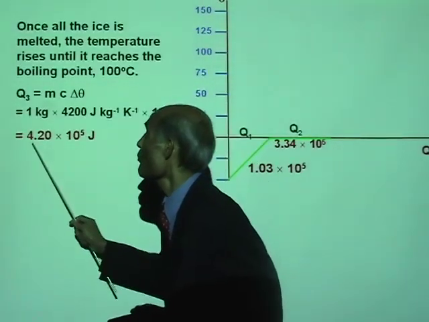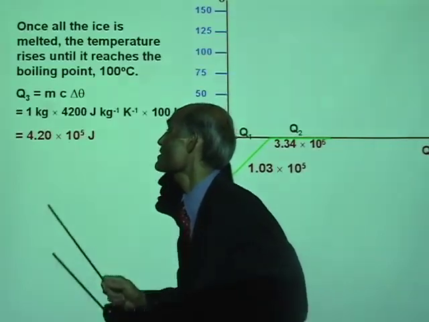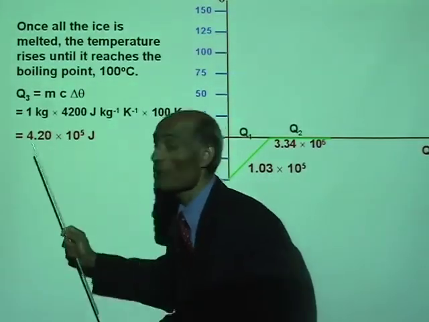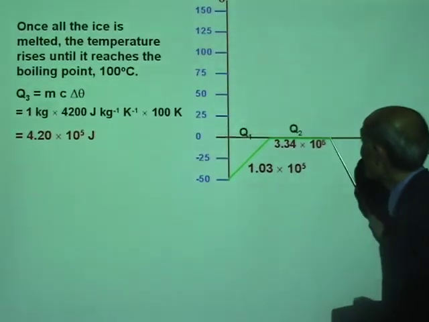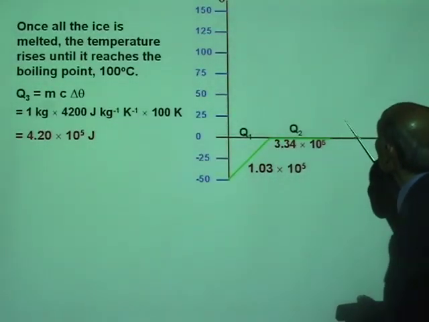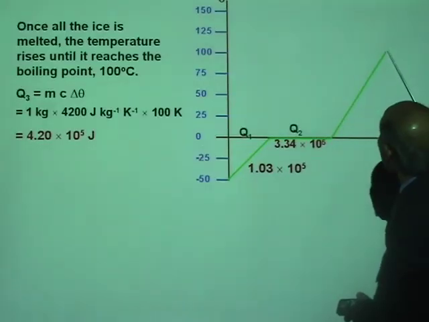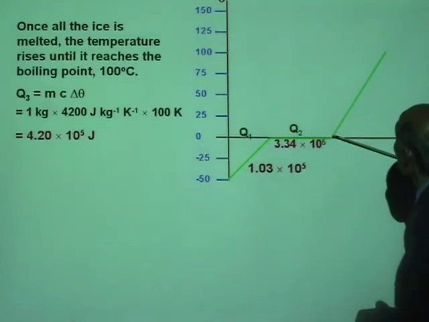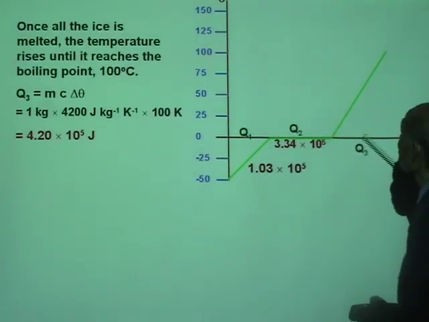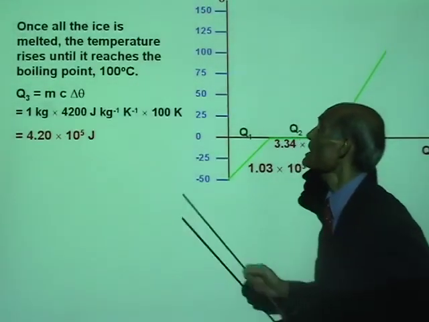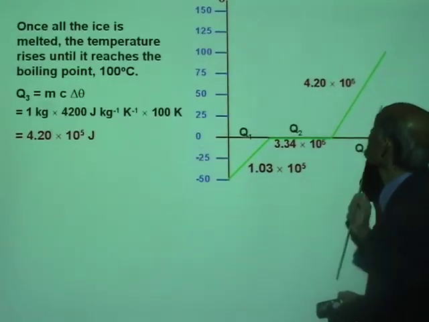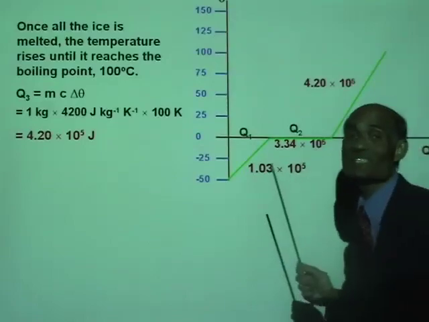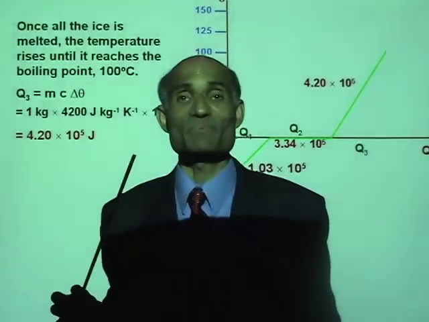And that is 4.2 times 10 to the 5 joules. So absorbing this amount of heat, water at this point is going to increase its temperature to 100 degrees Celsius. That's 100 degrees Celsius. Now, the amount of heat supplied is Q3, and that is equal to 4.2 times 10 to the 5. Now, that water is at 100 degrees Celsius.